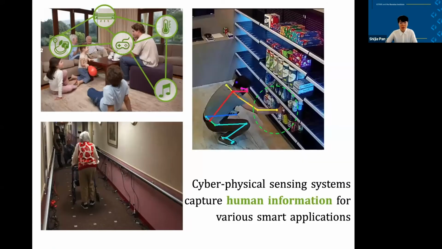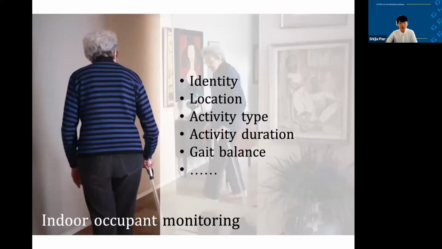With the rapid development of information technology, various cyber-physical sensing systems have been designed to capture human information, and that enables various smart building applications such as smart home, smart healthcare, smart elderly care, autonomous retail, etc. When we say human information, that's actually quite a broad term.